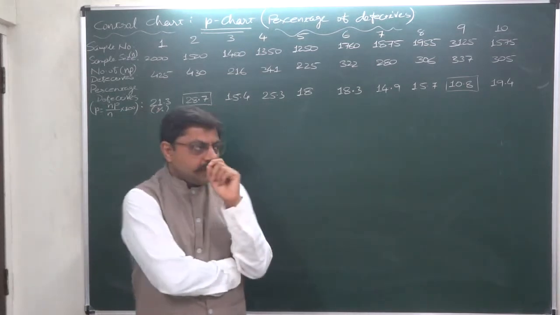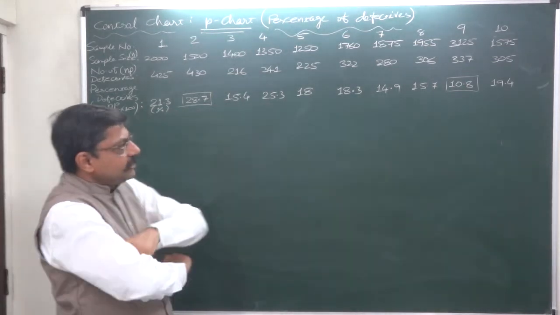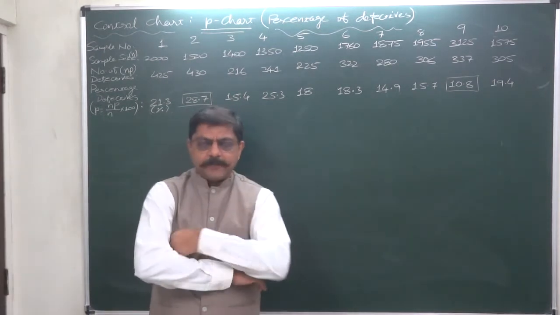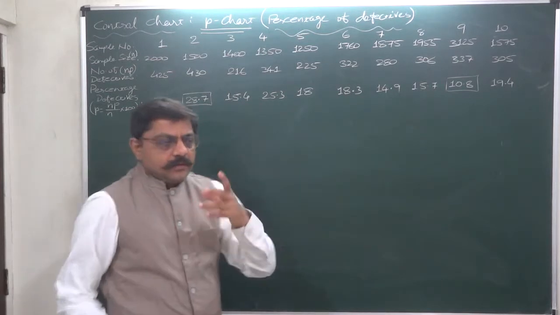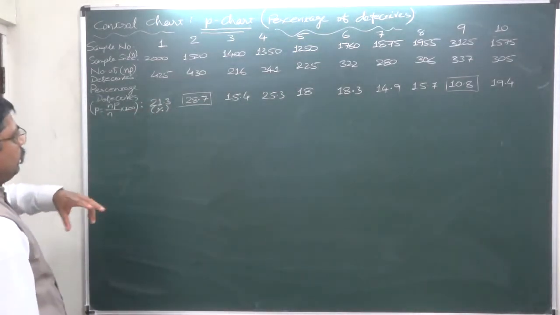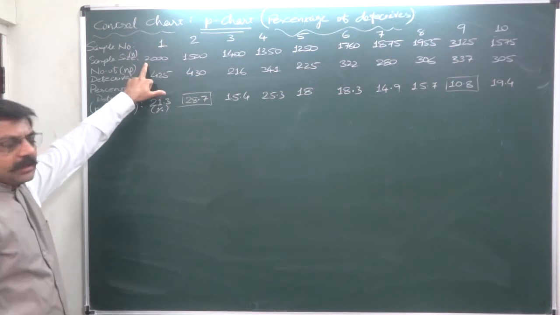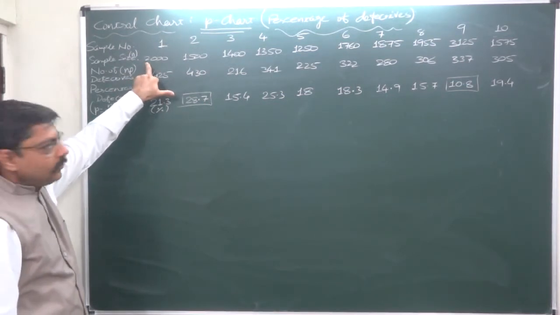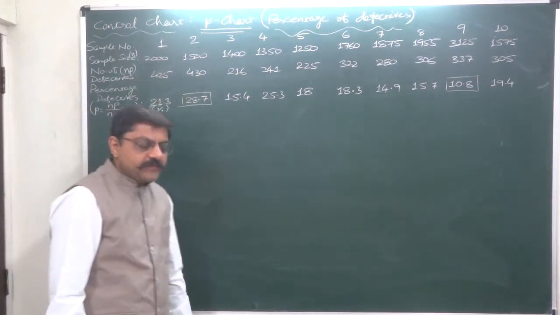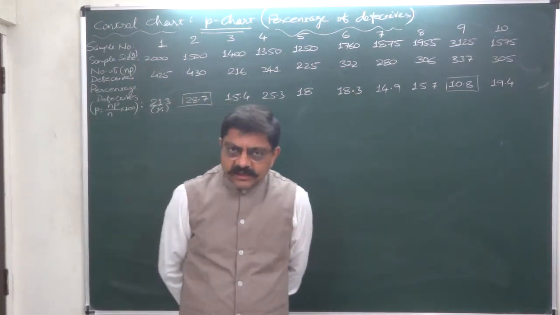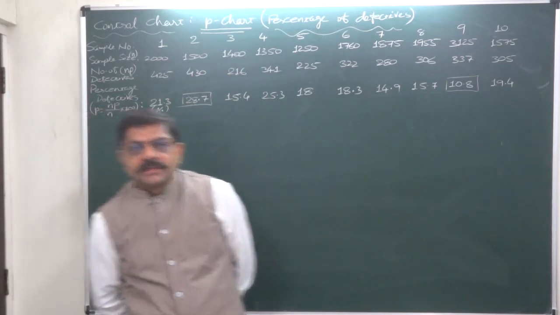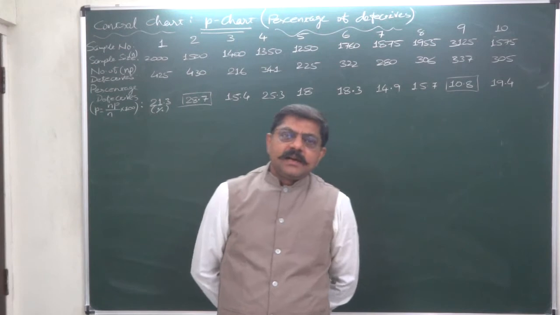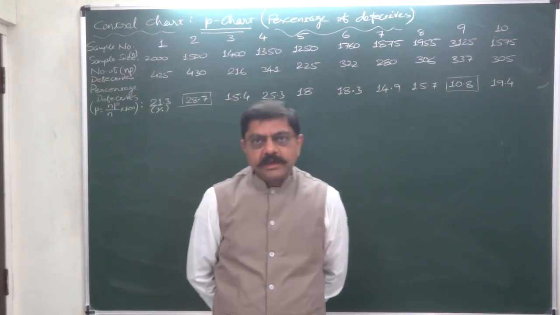Another new thing in this particular case is again very rare. In the previous two problems the sample size was equal. In this case you see that the sample sizes are not equal. All the samples are of different size. In such cases it becomes compulsory to analyze the data through the P chart only.